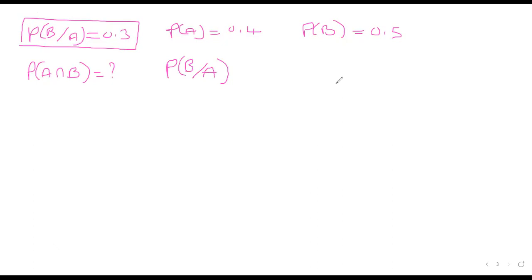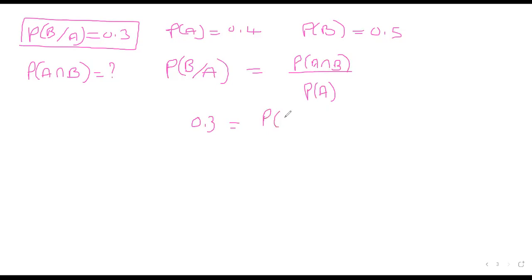The probability of A goes at the bottom, and on top you have the probability of A and B. So what is B given A? 0.3.